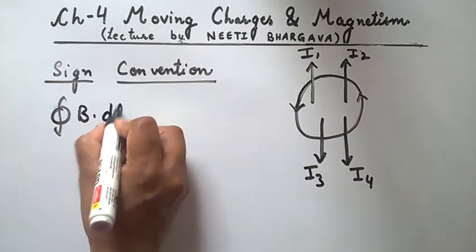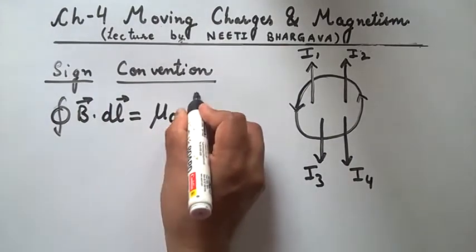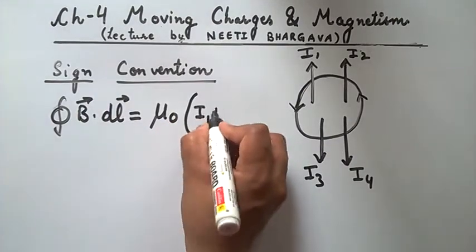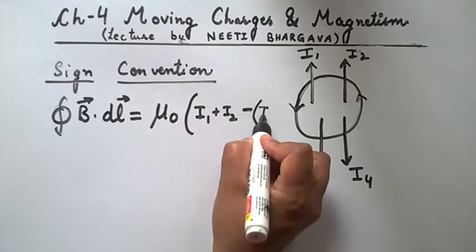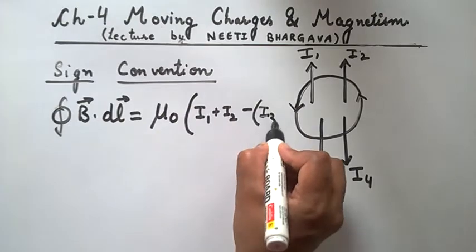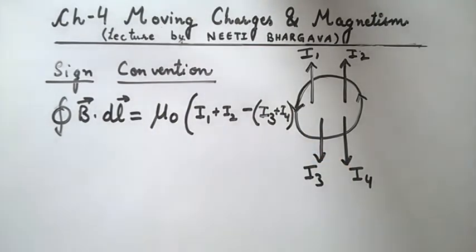That is, according to Ampere's circuital law, total current is I1 plus I2 minus the sum of negative currents I3 plus I4.